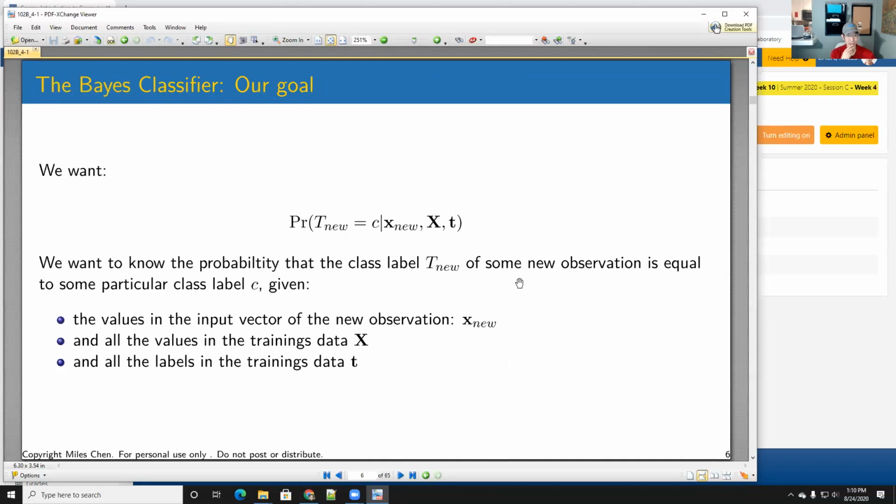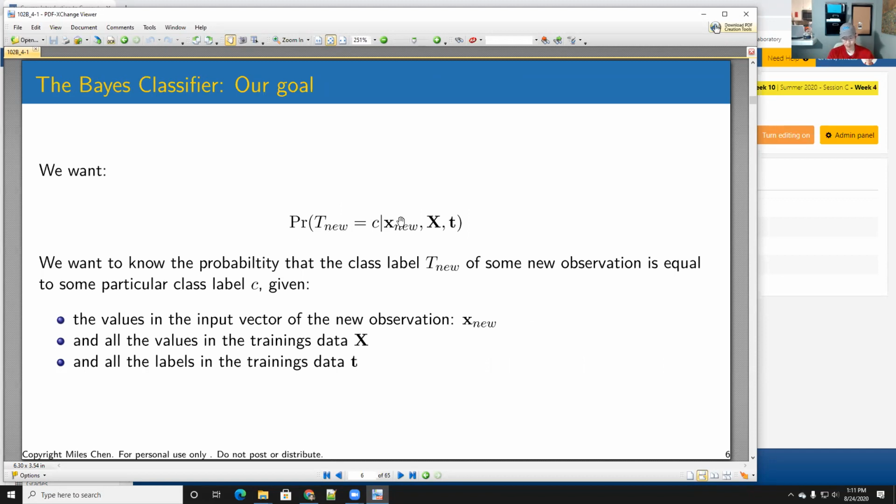Okay. And so the goal that we're going for, all right, is a conditional probability. It's the probability that T, the class label, is equal to a certain class C. That's the probability that the new observation belongs to a particular class given the numeric values inside of X, right?